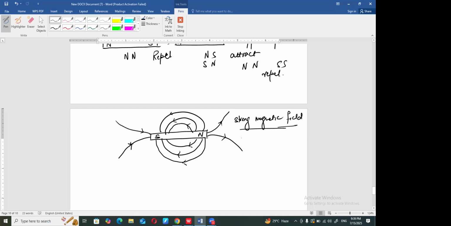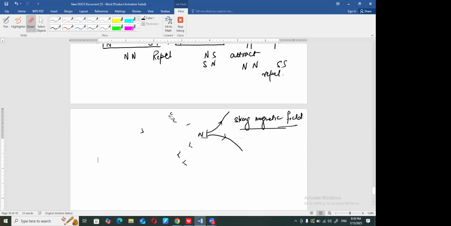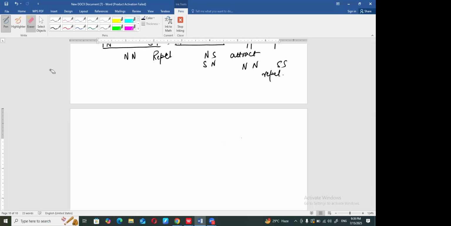Understand one thing, that these lines will never cut each other. Now, once you understand this, magnetic materials can be made into magnets, right? And some magnetic materials have a tendency to become permanent. Now there are two things. Remember that there are two kinds of magnets. One is called permanent magnets, and the other one is called temporary magnets.